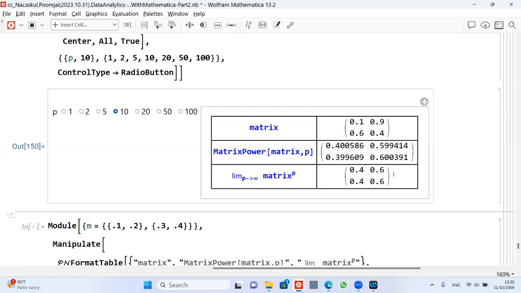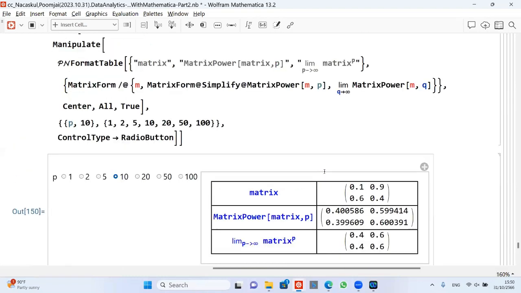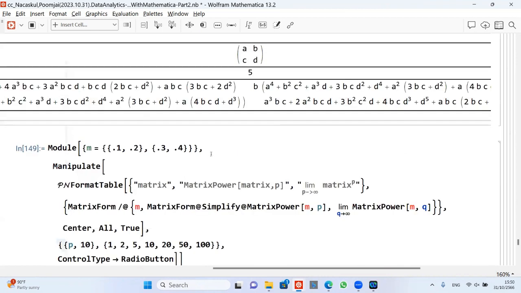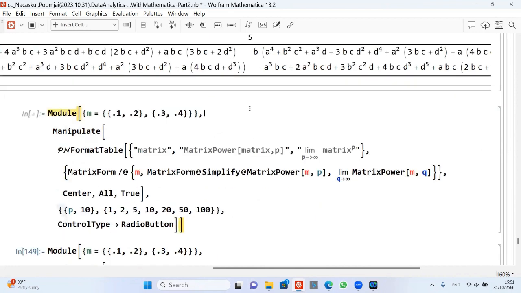Now, what is the equilibrium? If you notice, in this case, the rows add up to something small and it goes to 0. And if I have this, the rows add up to something bigger than 1, it goes to infinity.